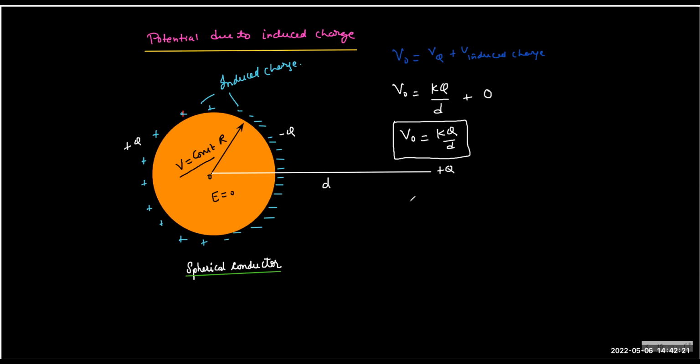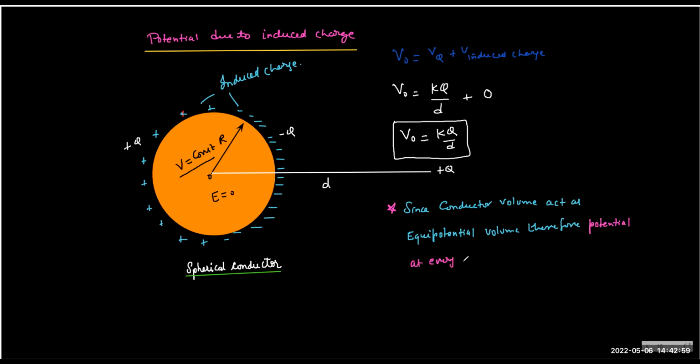Since conductor volume acts as equipotential volume, therefore potential at every point of volume will be equal to V naught. Okay, it is clear.